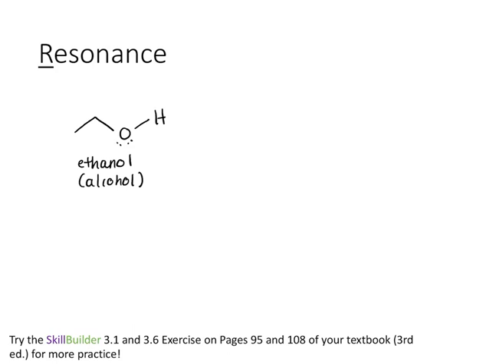Now the other acid is somewhat similar. It's called acetic acid. But the only difference is the second carbon has a double bond to oxygen. You might already know that acetic acid is a compound found in vinegar.